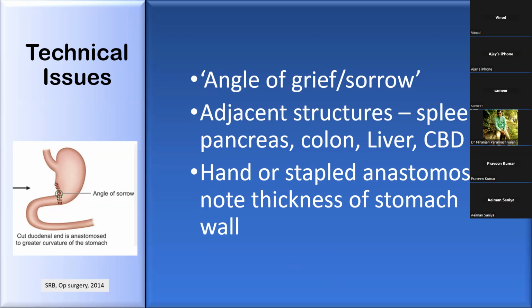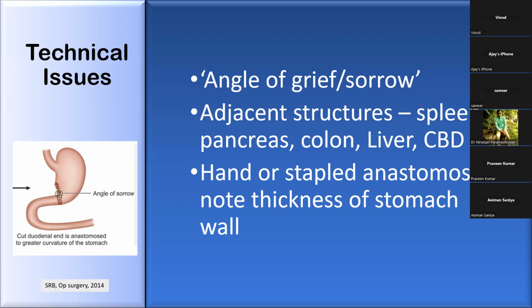By and large, for an average stomach which is not hypertrophied, not thick, and the average small bowel, which is the organ most often anastomosed to the stomach, you use a blue stapler. It's all color coded. It's usually 3.5 millimeters height of the open staple.